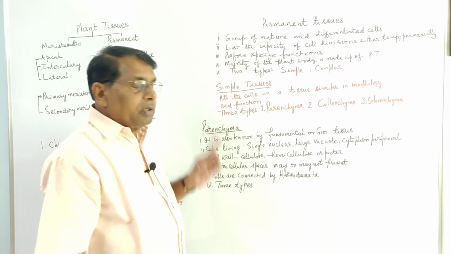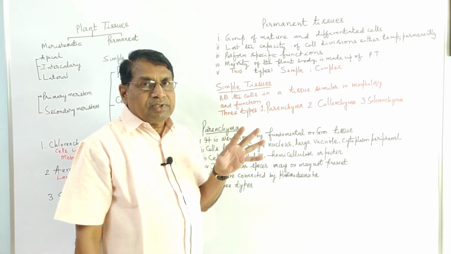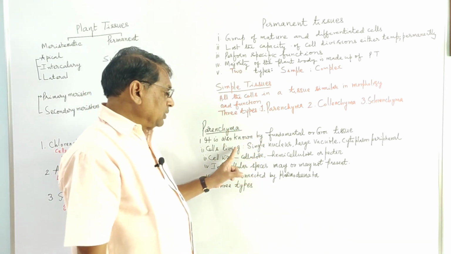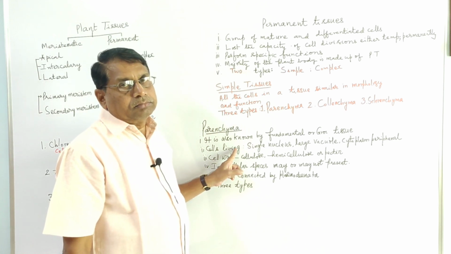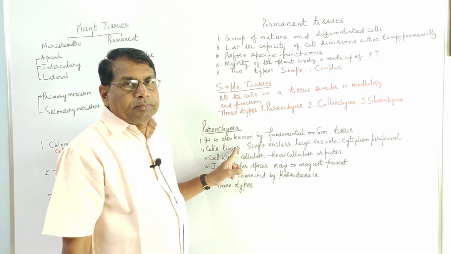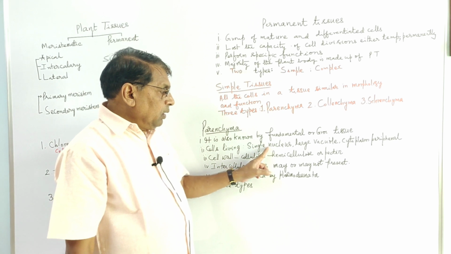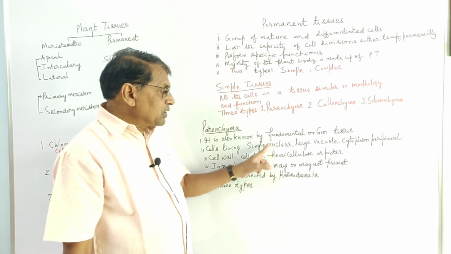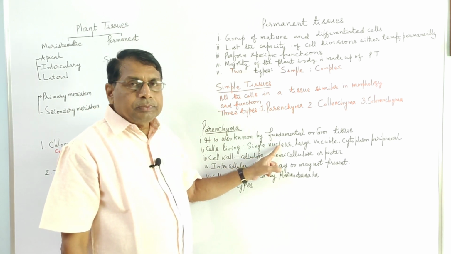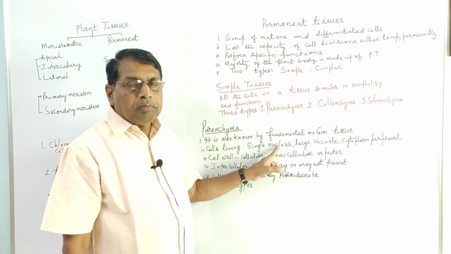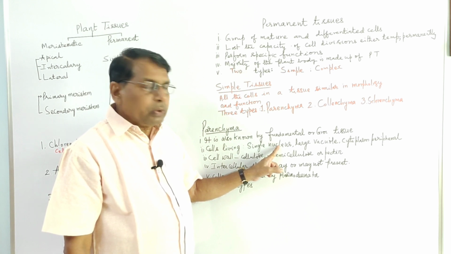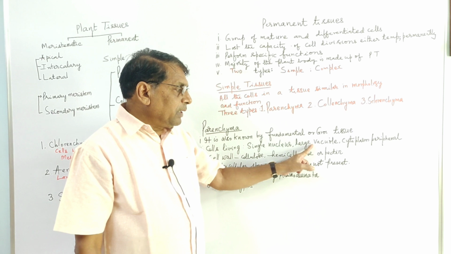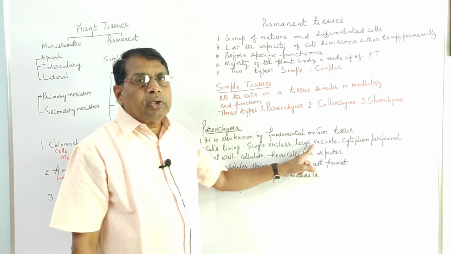In parenchyma, what are the characteristics of the cells? The cells are living, an important character. The cells possess a single nucleus, because they are living. They consist of a large vacuole in the center.